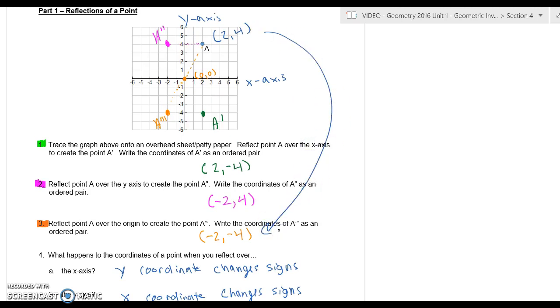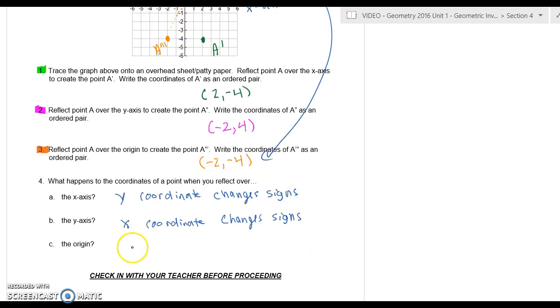Both of our coordinates change signs. That always happens when we reflect over either the x-axis, the y-axis, or the origin. These are steadfast rules that will always happen.